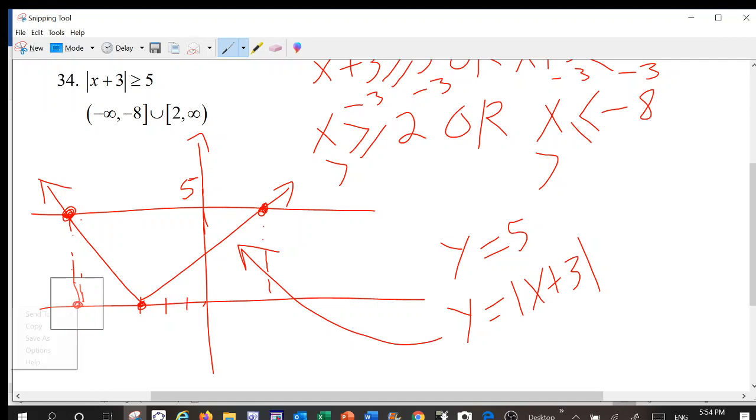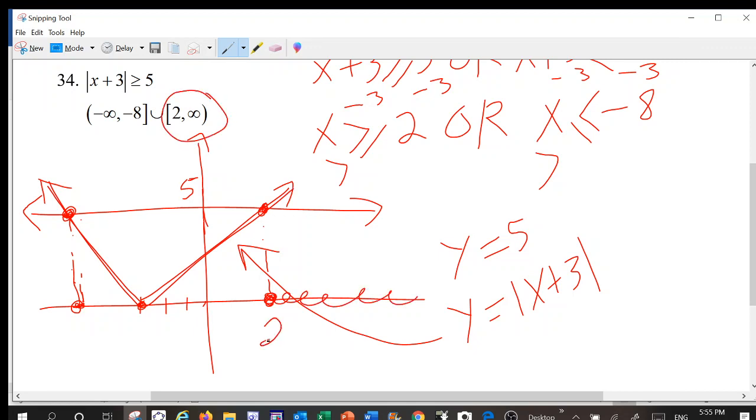So this point on the x-axis, this point on the x-axis, and this point on the x-axis are the intersection points between this line and this function right here. And notice that the solution is all the numbers to the right of this number, which is going to be 2, and then all the numbers including this number to the left of it, which is actually negative 8.